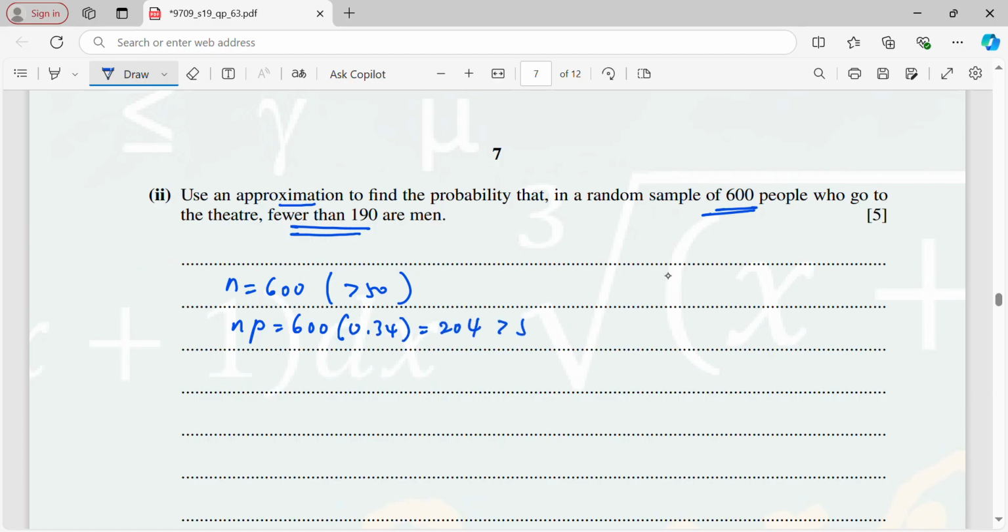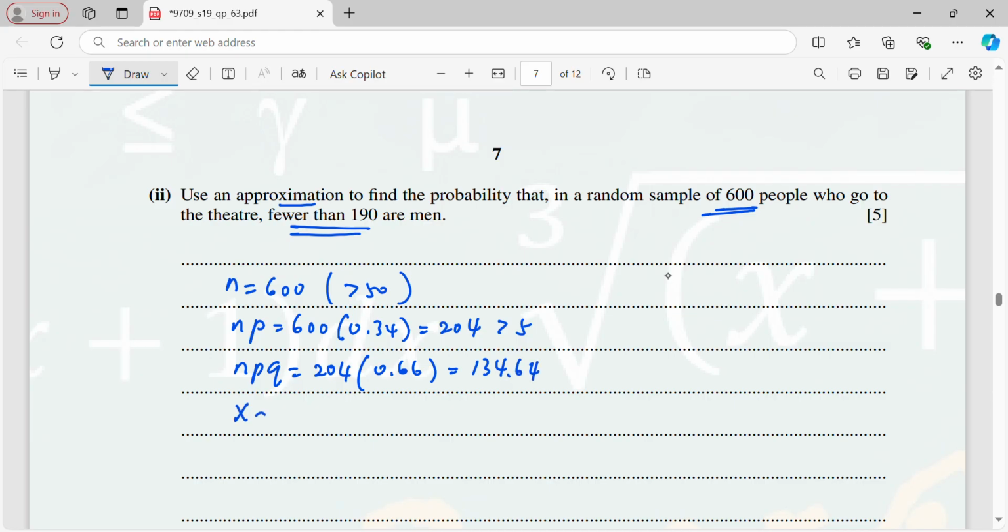This is greater than 5. So when n is greater than 50 and np is greater than 5, we are going to approximate using normal distribution. But then for normal distribution, we need the variance. Our variance is npq. Therefore, 204 times q 0.66. That is going to be 134.64.